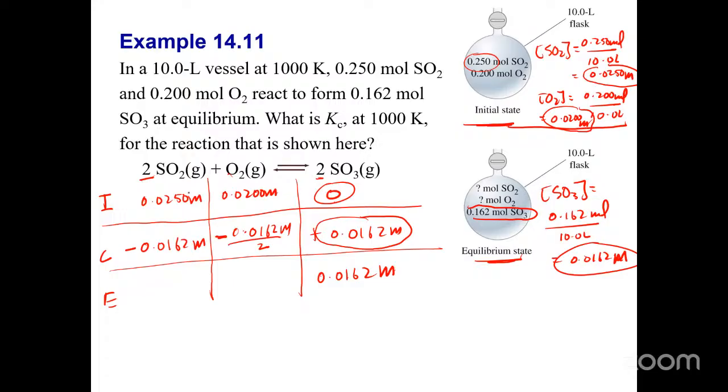As far as the SO2 is concerned, the equilibrium concentration of SO2 would be 0.0250 minus 0.0162.